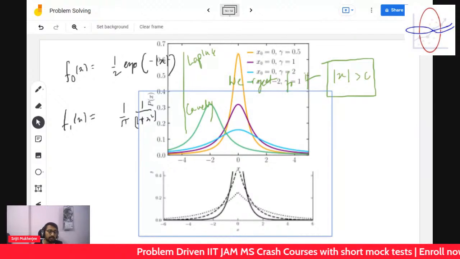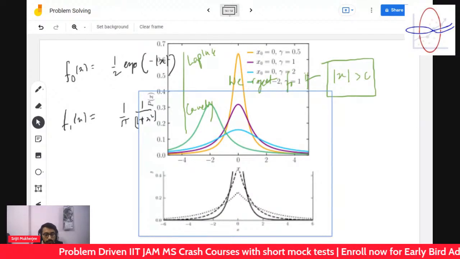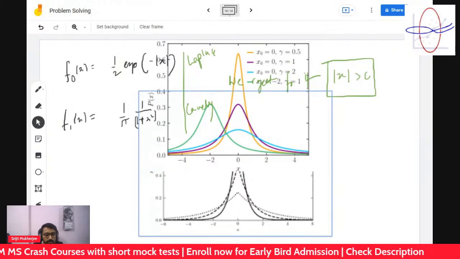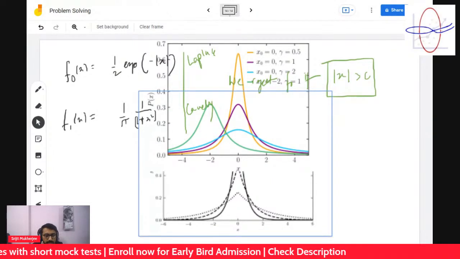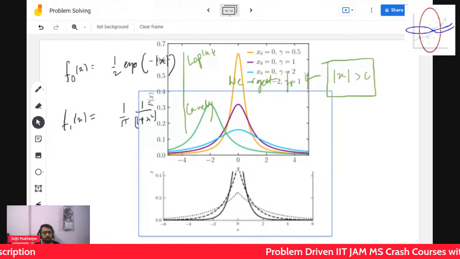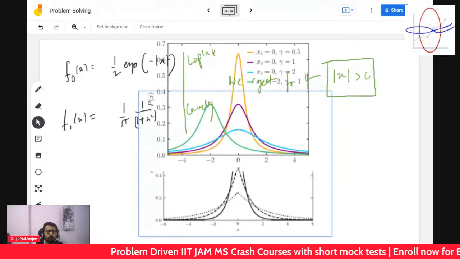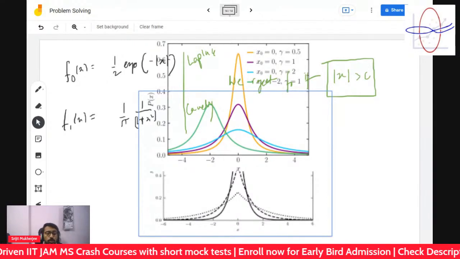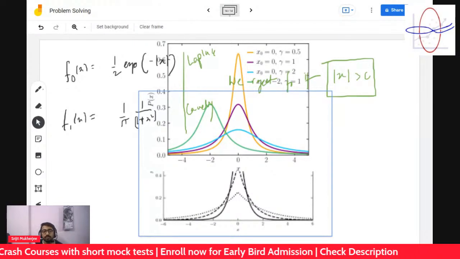You can just calculate that. Just give me a minute. What is the expectation of mod Cauchy? Also find out the expectation of mod Cauchy. Logically it should be infinity. But anyway, we know that the variance of Cauchy is infinity.